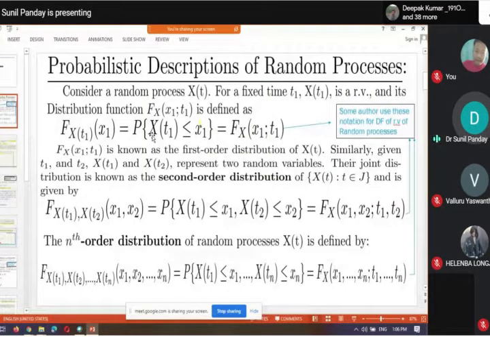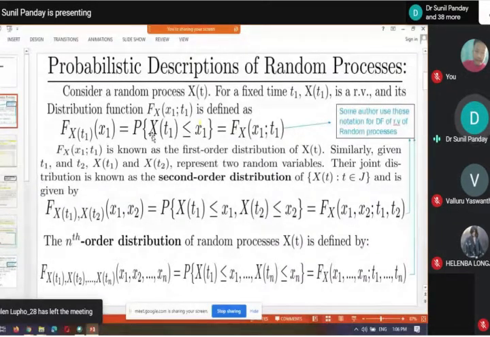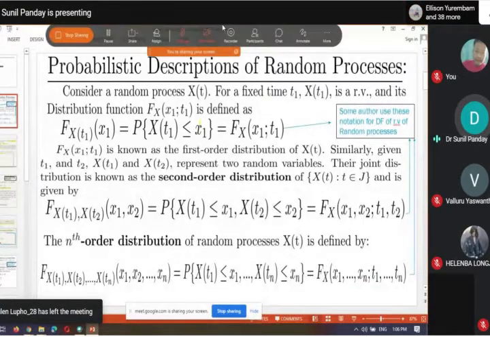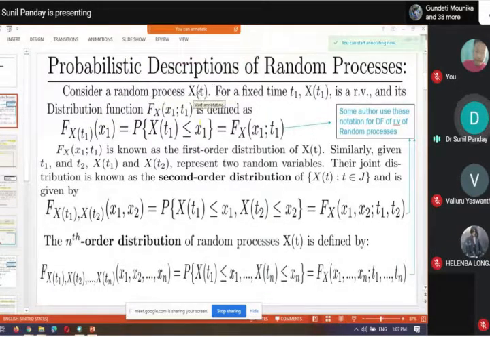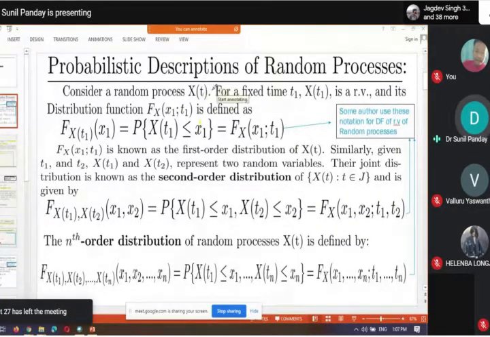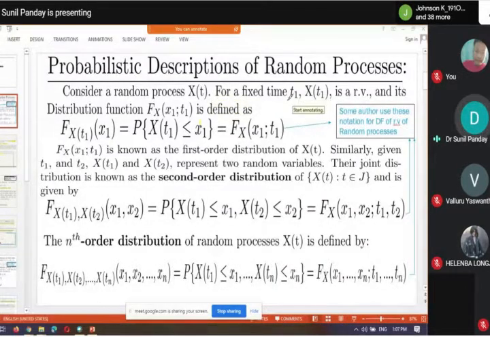there is another way to describe or write the distribution function or the cumulative distribution function of the random process. Like some author use this notation. This is same with this. So consider this, we are assuming this xt is a random process where small t belongs to some index set capital J, which is a time index set capital J. And we know that for fixed t equals to t1, xt1 is a random variable.